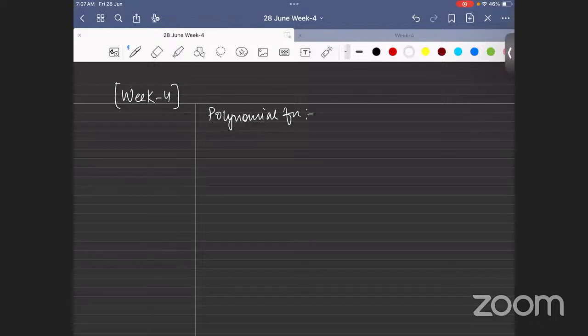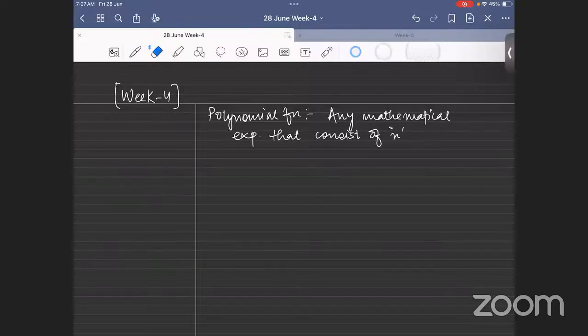So the definition is pretty simple, and the function basically is represented like that.